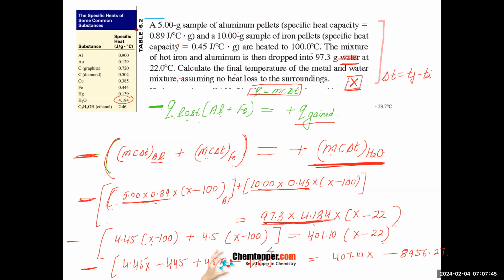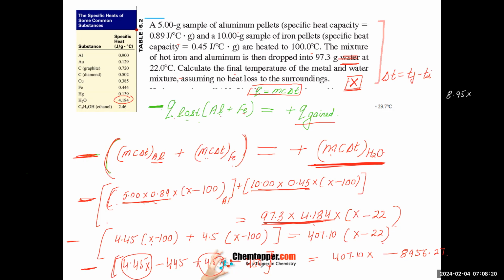Okay, can you see? Now the equation is simplified. Add these two, this one with this one. I'm writing the equation here in this black part because there is no space there. So I'm simplifying it. I'm adding these two, it becomes 8.95x. And I'm adding these two, 445 and 450.